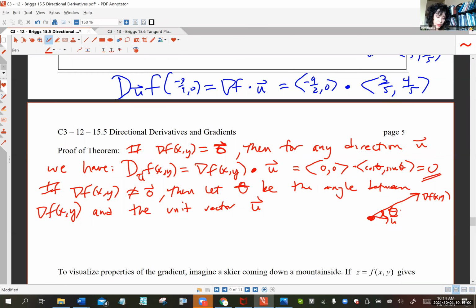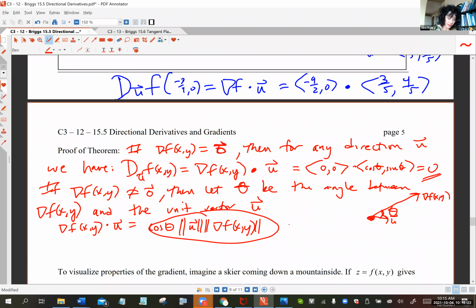I hope you remember from like the first week of class that the dot product of two vectors is the same as cosine of the angle between them multiplied by the product of their magnitudes. Okay, so that's got to be the case. Now, when is this quantity on the right-hand side the max?